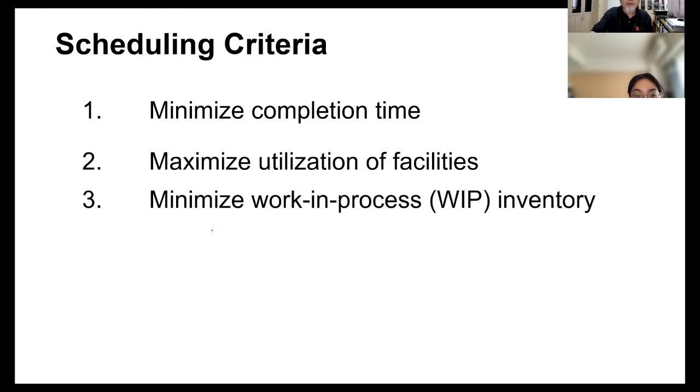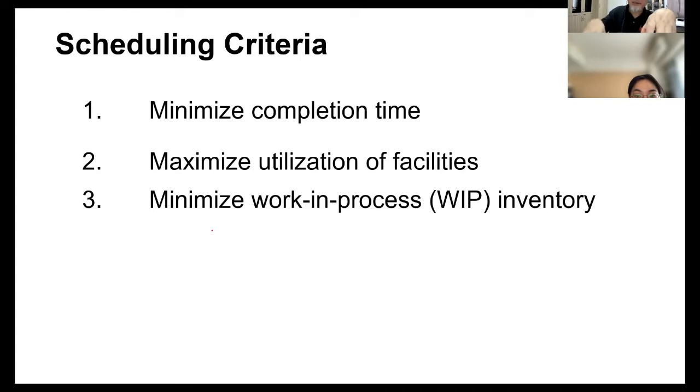Another one is minimizing the work in process inventory. The more work in process, the more delay there is. If I have 10 orders, the work in process is in the system, it doesn't go out completed.